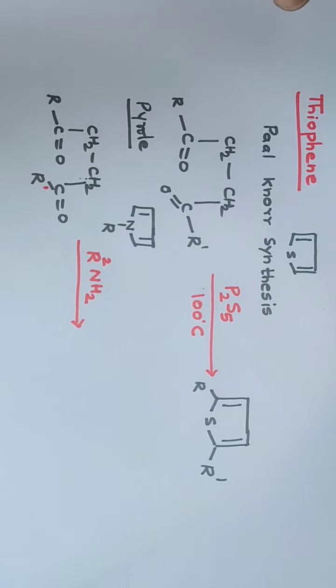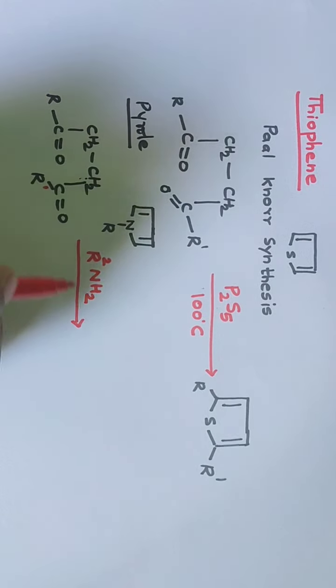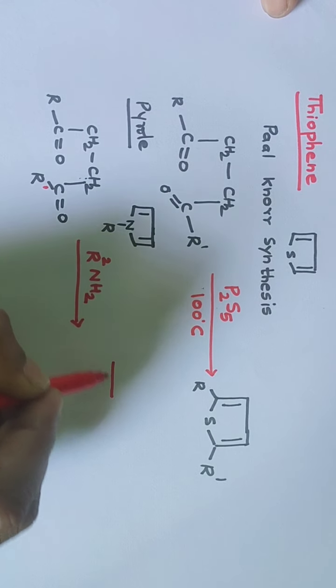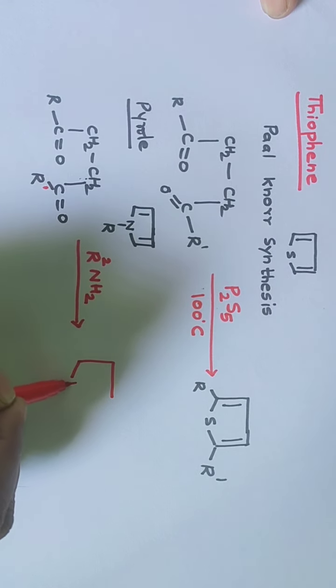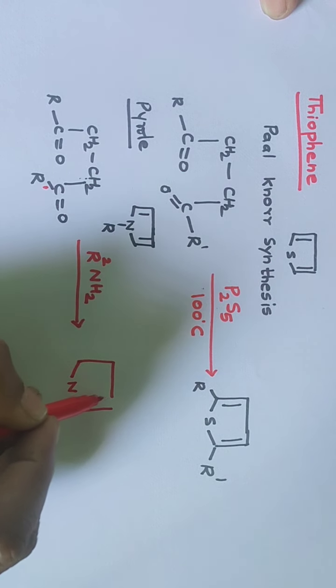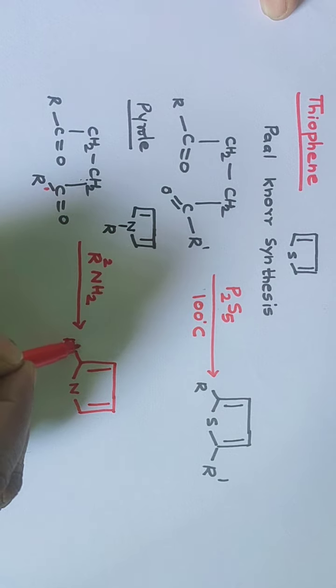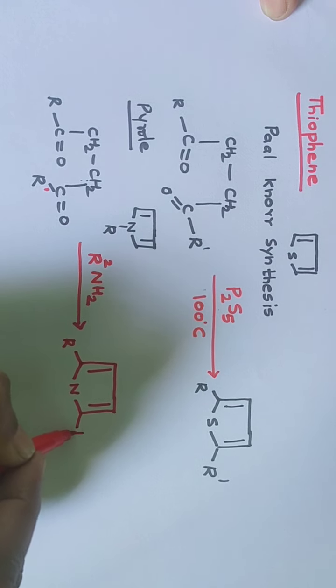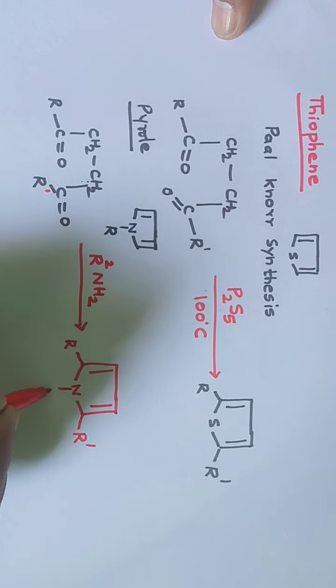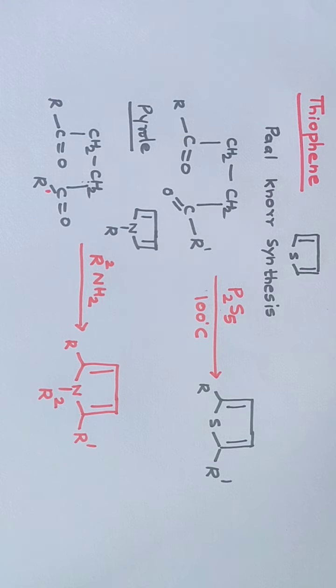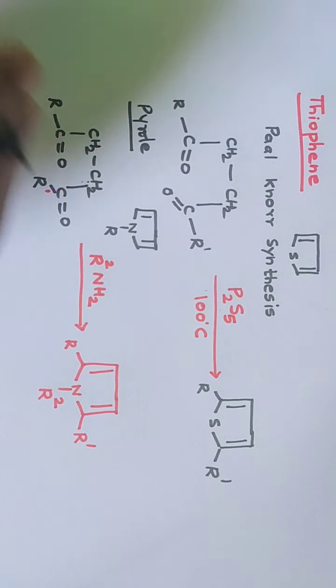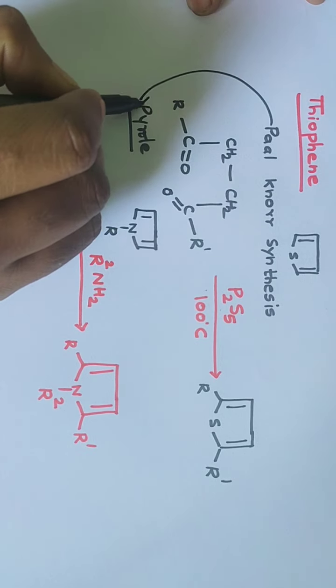You end up getting this compound, as usual with R, R dash, this is R2. This is what you get. This synthesis is also referred to as Paal-Knorr synthesis only.